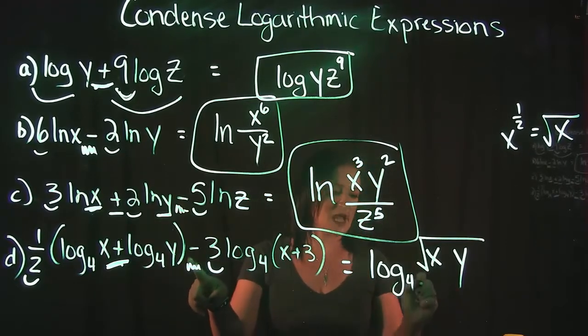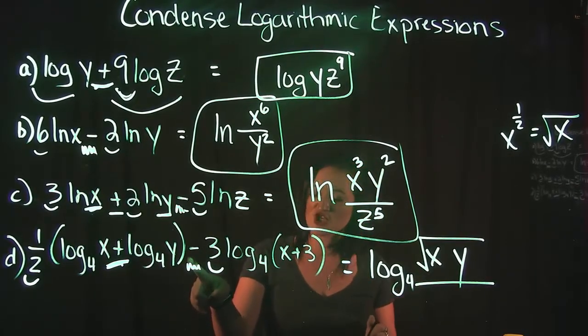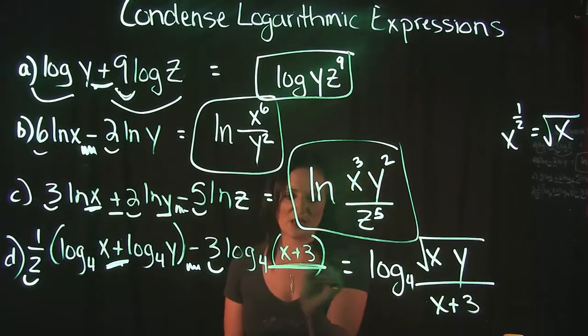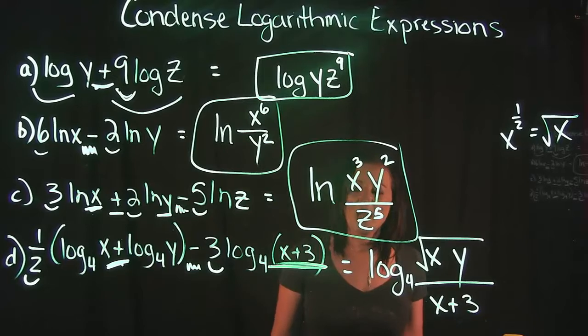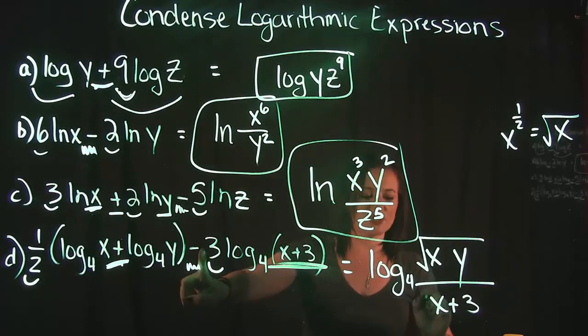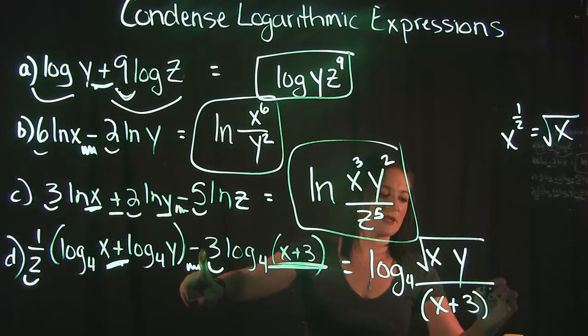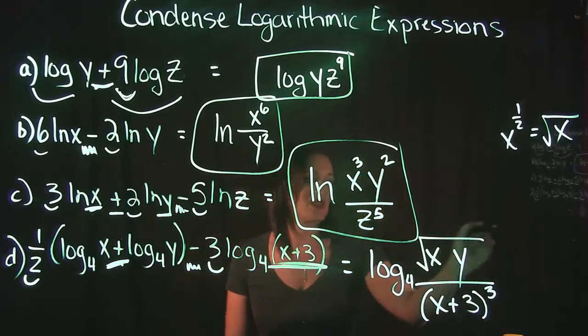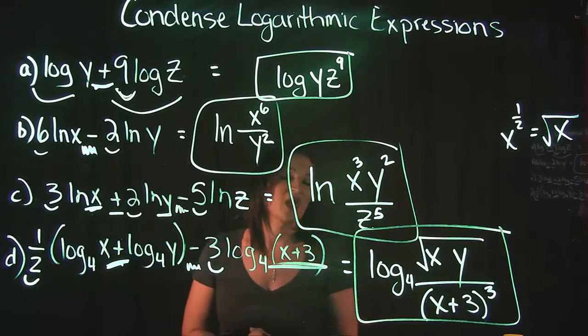Then we have a minus sign, so a minus sign is division, and we are dividing by the x plus 3, this whole thing here, and we have a 3 as the coefficient in front, so that means the x plus 3 is raised to the 3rd power, is the way that that one works there.